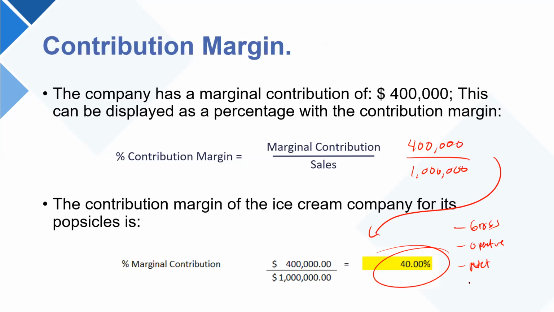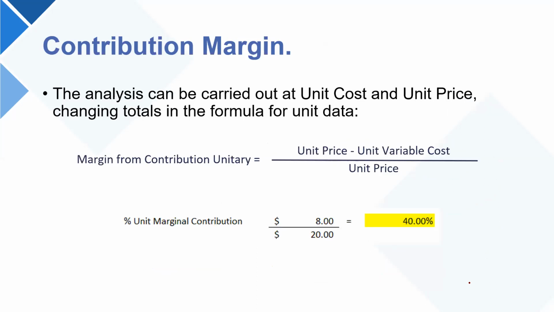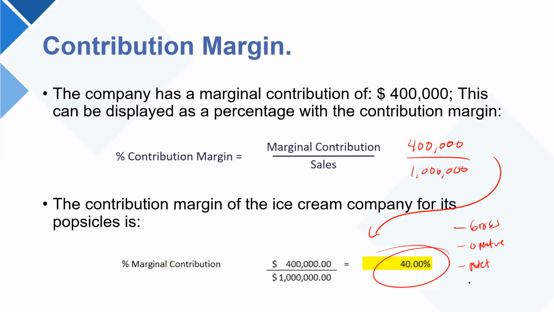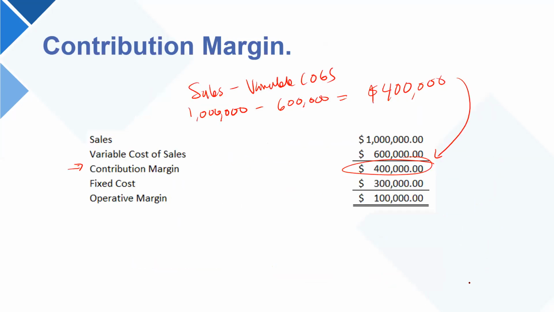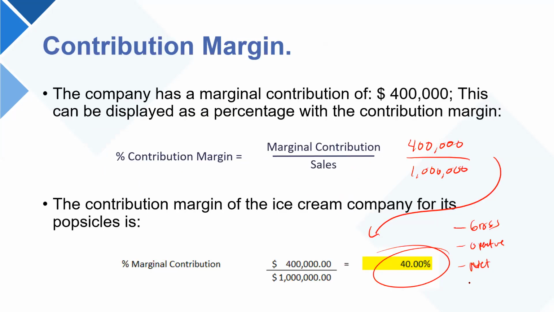And just to link you with what Katia was saying, this result tells you the extra money you have to cover fixed costs, and also to cover profits. Okay, thank you.